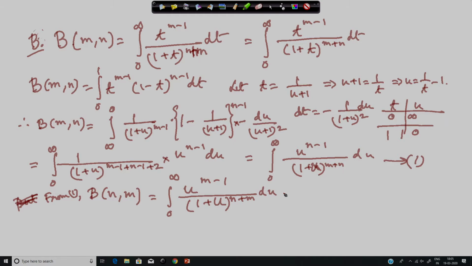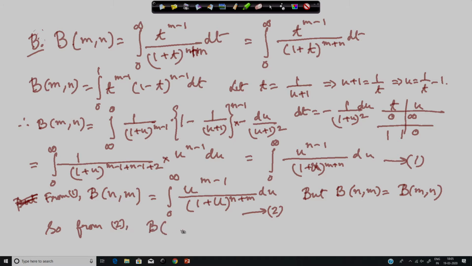But beta nm is beta mn. So, from 2 we can say beta mn equals beta nm equals integral 0 to infinity t to the power m minus 1 by 1 plus t to the power n plus m dt.